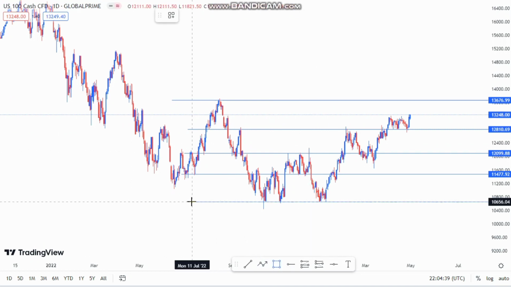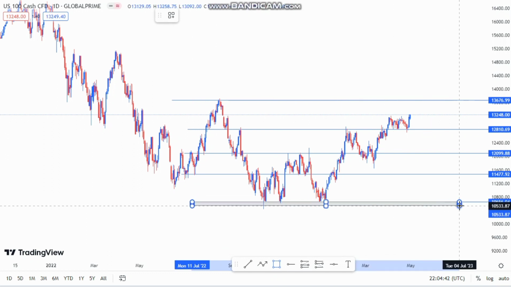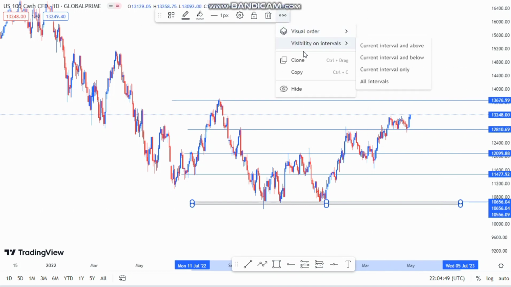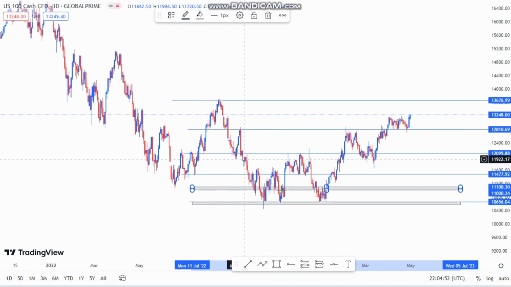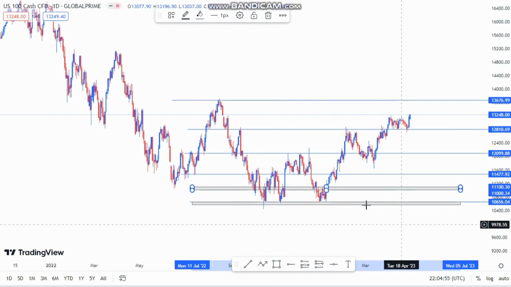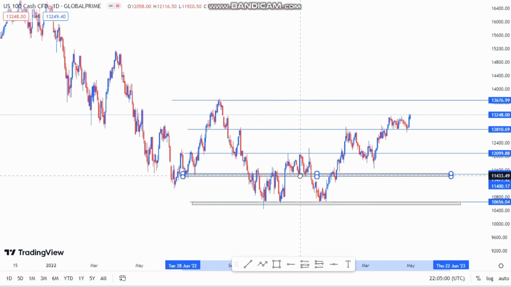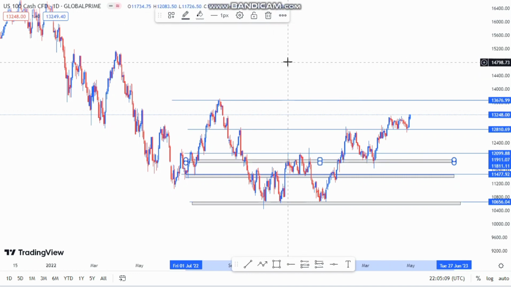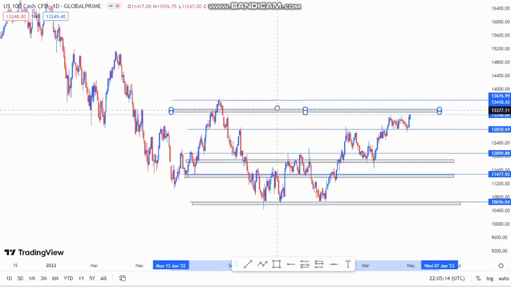So I'm just gonna use blocks, because if you're going to use the lines, it's gonna be a little bit confusing. Just gonna move this over here just to save time. So I don't want you guys to get confused here.